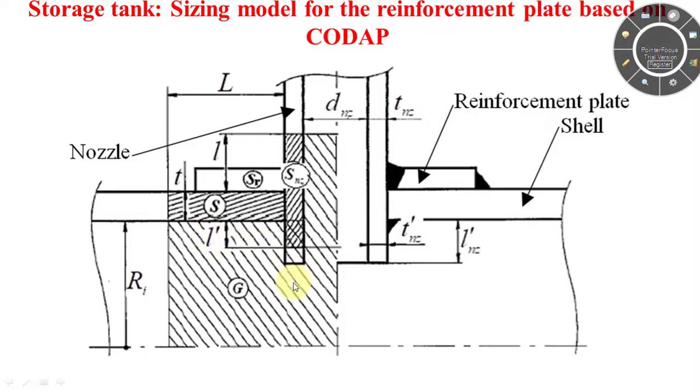The model depicts also that the opening creates a certain cross-section G within the shell and also within the nozzle. It's to note also that this nozzle may have an exceeding equal to 0, so there is no exceeding within the shell. In this case, we will note that the dimension L prime and Z will be equal to 0.